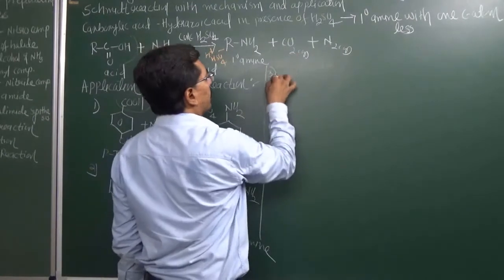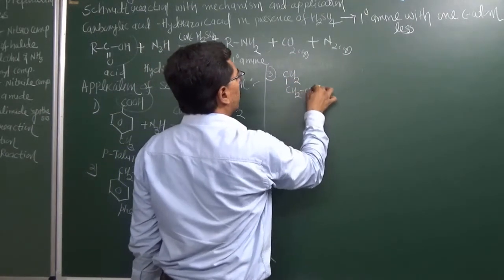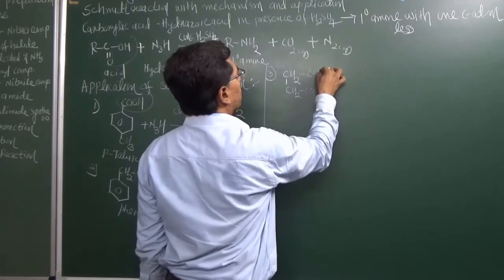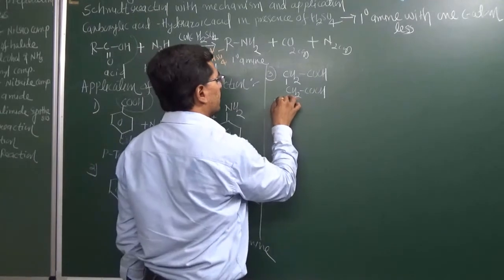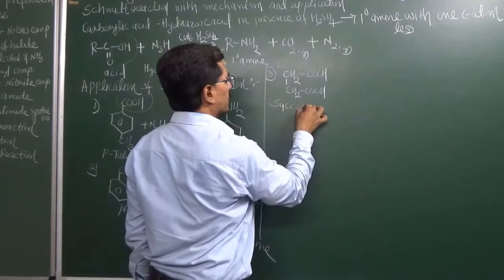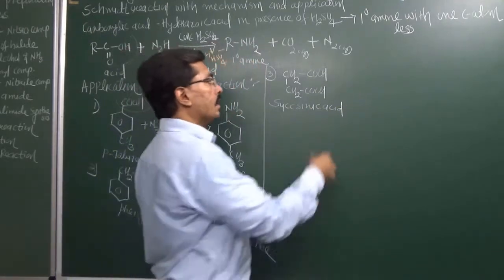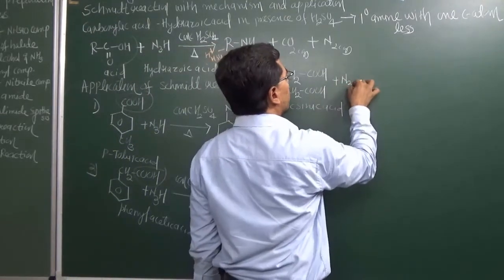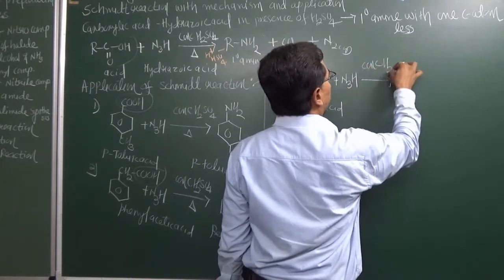Suppose the third application, we have this structure, CH2, CH2, COOH, COOH. What is the name of this structure? You know very well, it is known as succinic acid, or butanedioic acid. Succinic acid is allowed to react with N3H, and the reaction condition is concentrated sulfuric acid.